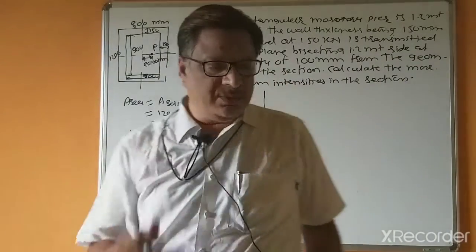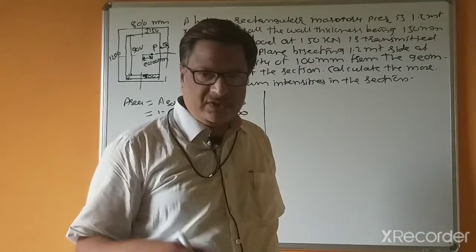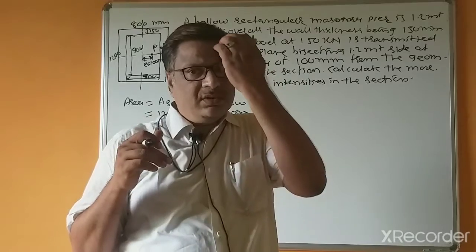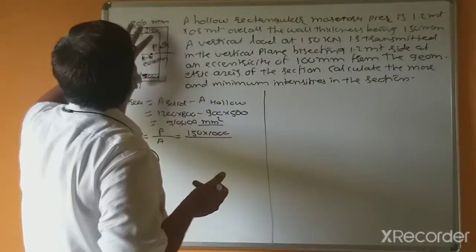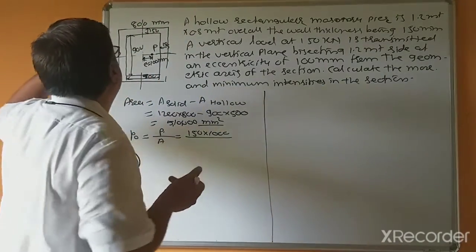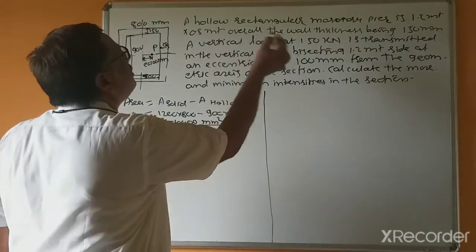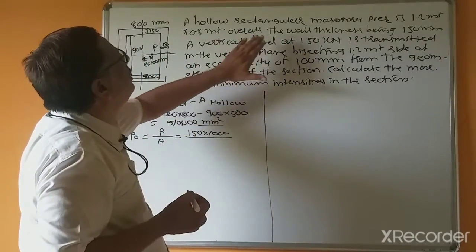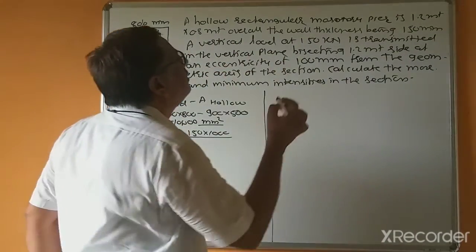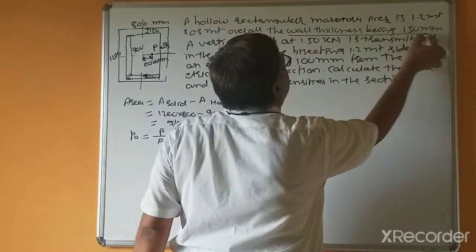Due to video capturing disturbance, that may be cut. But this is the problem, and this is the hollow area. A hollow rectangular imaginary pier is 1.2 meter and 0.8 meter overall. The wall thickness is given as 150 mm.